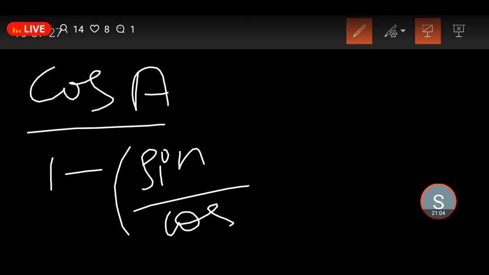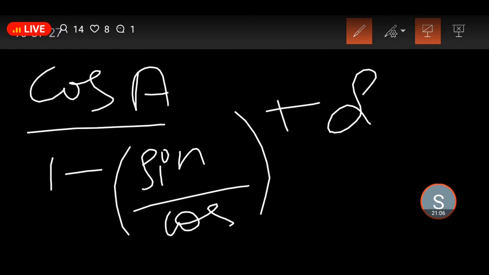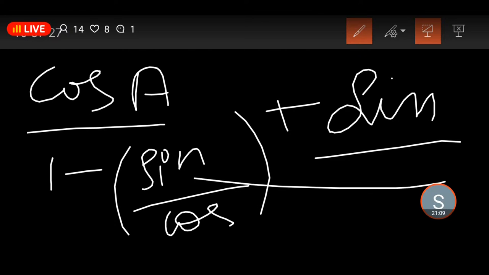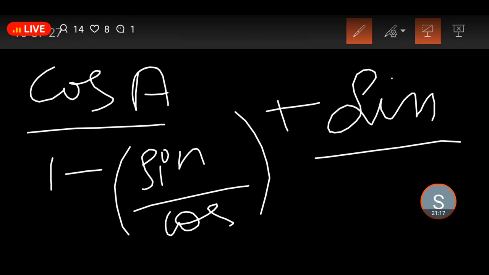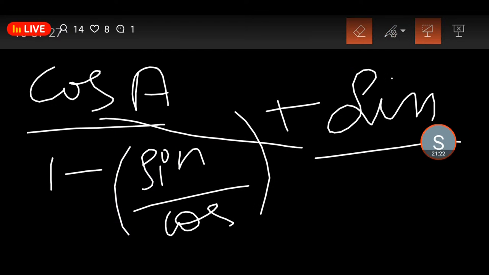Now write for cos theta by 1 minus tan theta, first you convert all the tan theta and cot theta into sin theta by cos plus sin by cos.